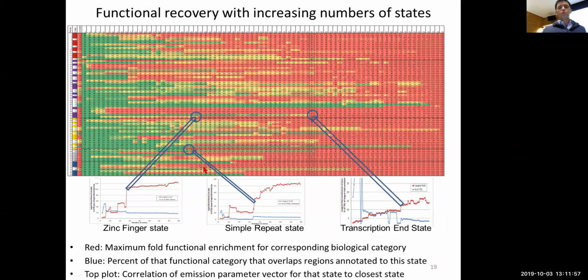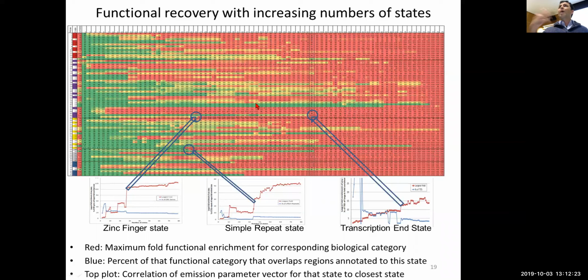That allowed us to see that once you have recovered one of these states using this nested initialization, you could then consistently recover it with independently learned large models. So for this particular state, this CNF state, for example, once I had discovered it here, I was consistently recovering it with any larger model because of this nested initialization.